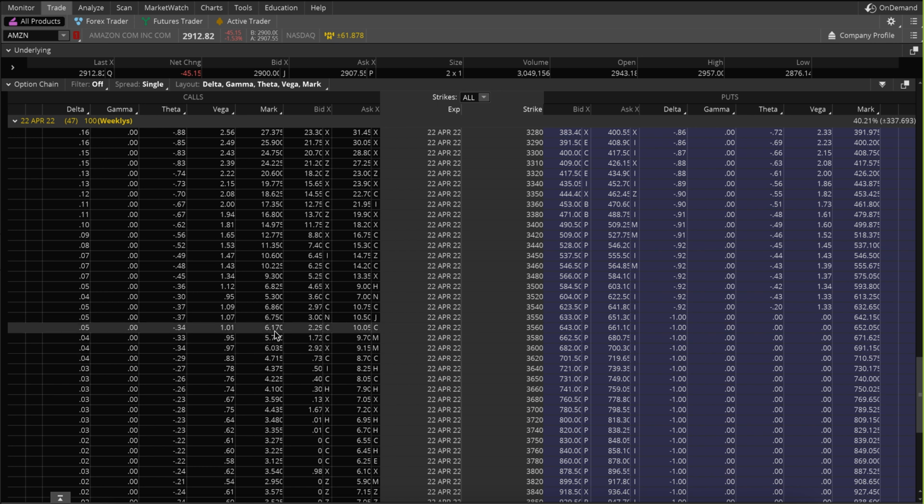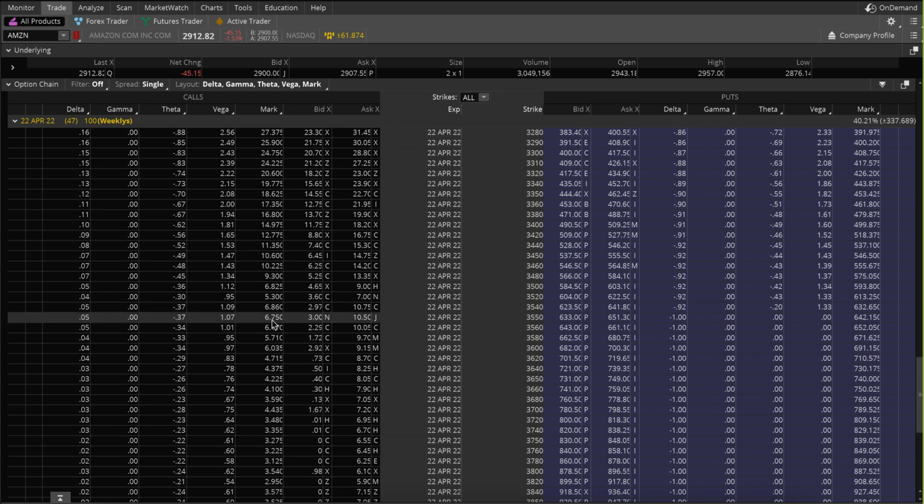So what if we chose to buy this call option, this 3,550 strike price for $675, and at this very exact same time we chose to sell this call option with a strike price of 3,560?